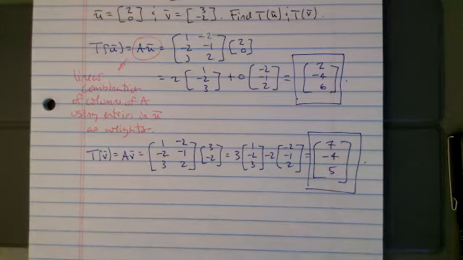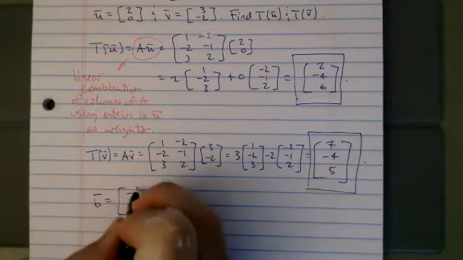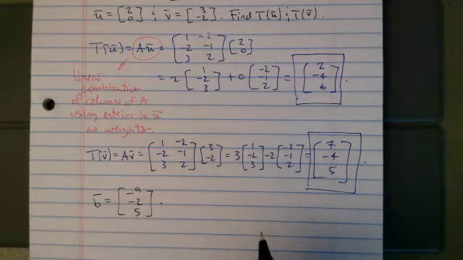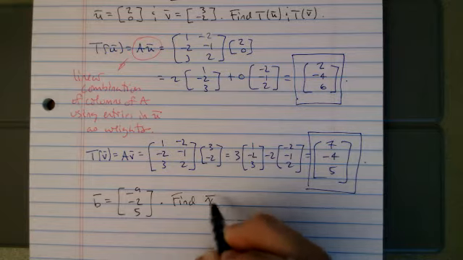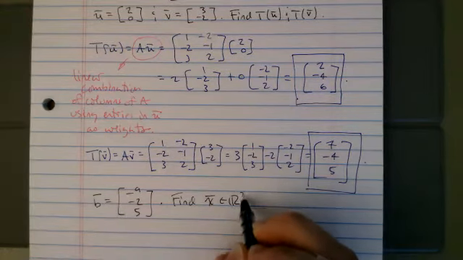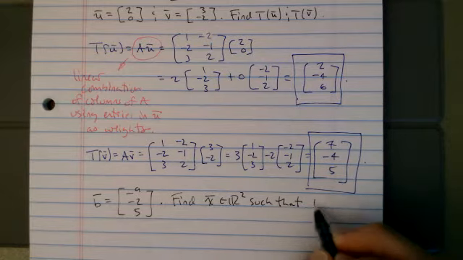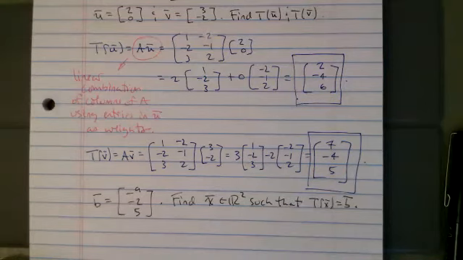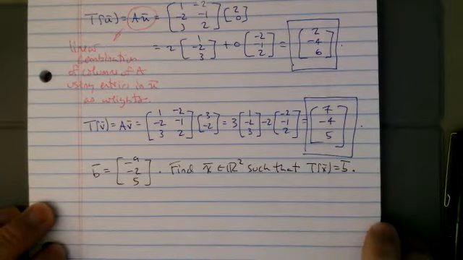And I could say find X in R2 such that T of X equals B. I can give you an output and ask you to find the input. What X will lead to negative 9, negative 2, 5?